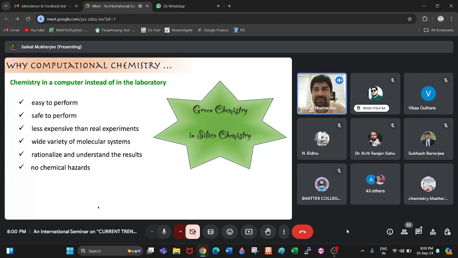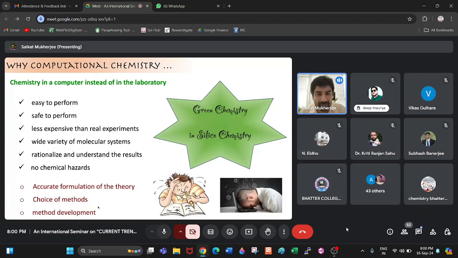But all these easy things do not come without a cost, right? There is no free lunch. The main bottleneck of doing computational chemistry is the accurate formulation of the theory. And I can explain a bit more slowly what I mean by theory. Nowadays we have a zoo of methods: DFT, CAS-SCF, CAS-PT2, NEV-PT2, even molecular mechanics, QM/MM hybrid methods.